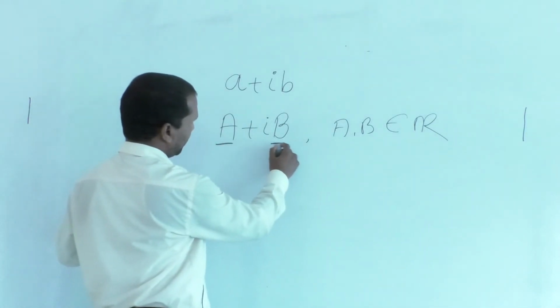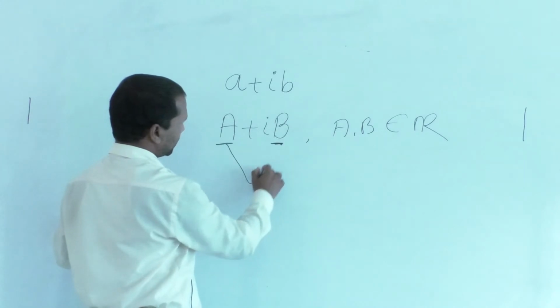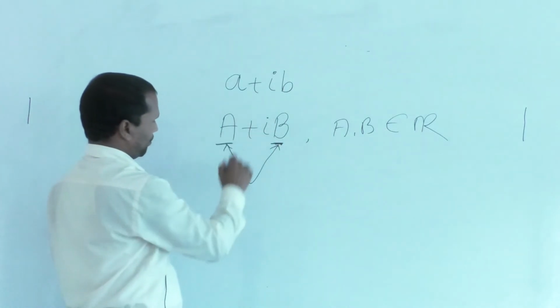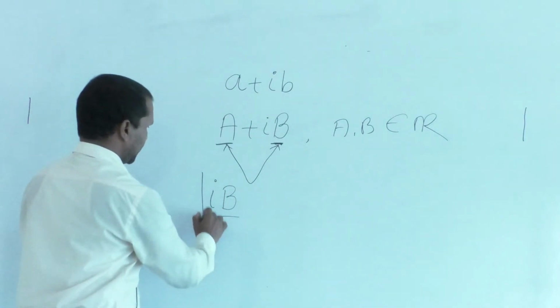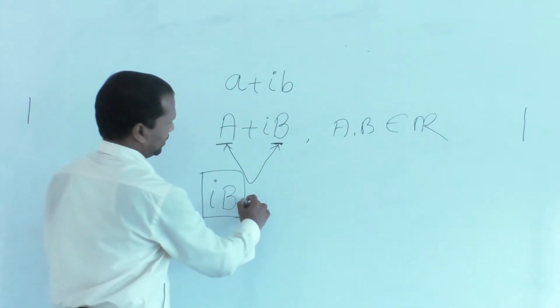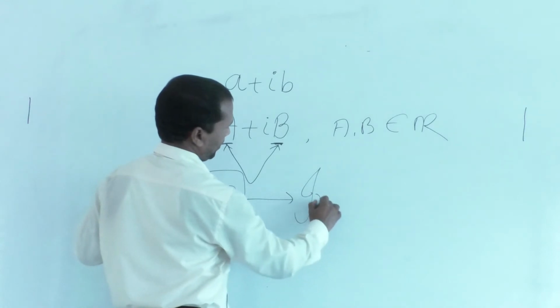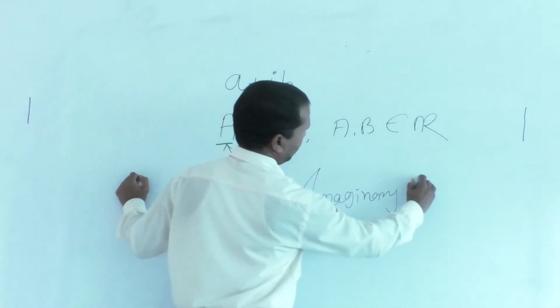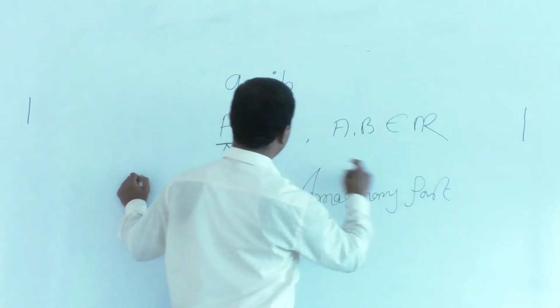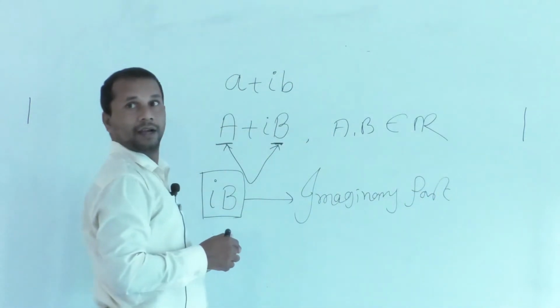A and B separately are both real numbers, no problem, but in ib there is an I term with B. This ib is the imaginary part of the complex number.